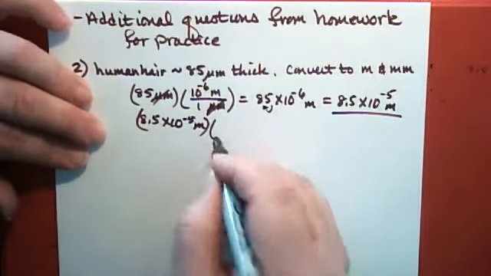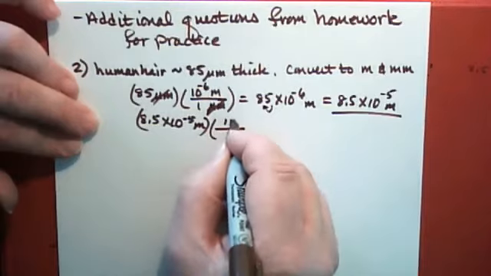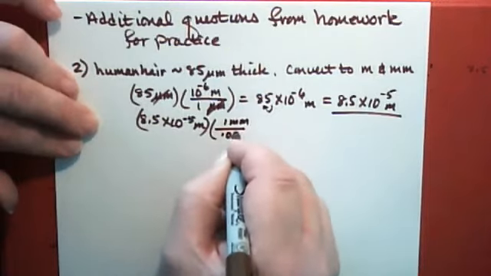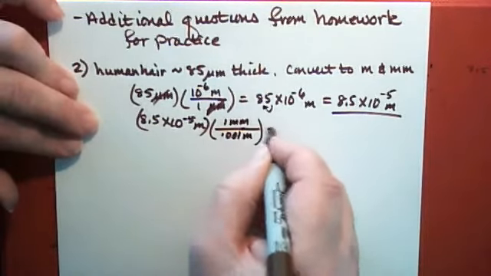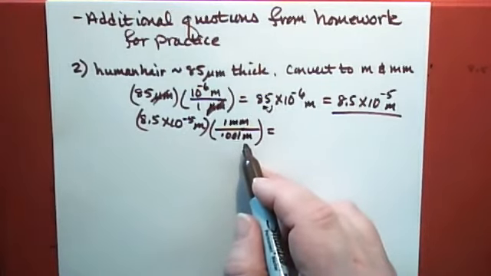And we can then take that and change that to millimeters. Because 1 millimeter is 10 to the minus 3 or 0.001 meters.